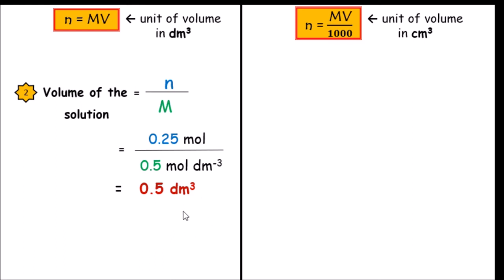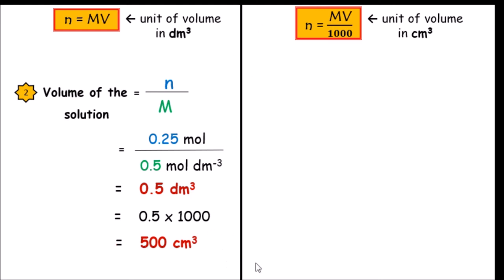Do you still remember how you change the dm cube to cm cube? Can you tell me? Alright, good job. So 0.5 dm cube times 1000. You will get the volume in the unit of cm cube. So here is your answer. Volume of the solution is equal to 500 cm cube.